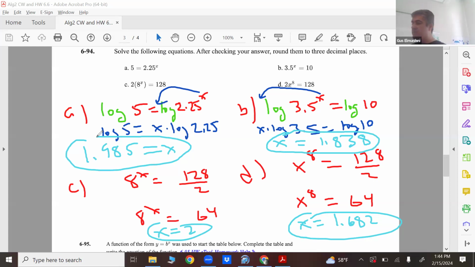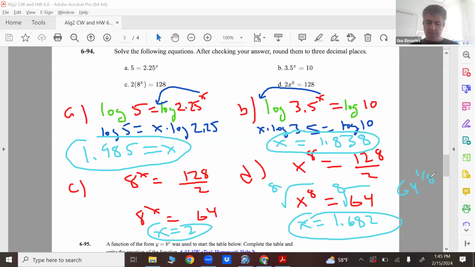Okay, so those are the answers. I'll give you guys a moment. So what I did was I took log 5 and divided by log 2.25 for A. For B, I took log 10 divided by log 3.5. C is just 2. And here I took the 8th root of both sides, which you should be able to do in the calculator. If you do 64 raised to the 1/8 power, that works.